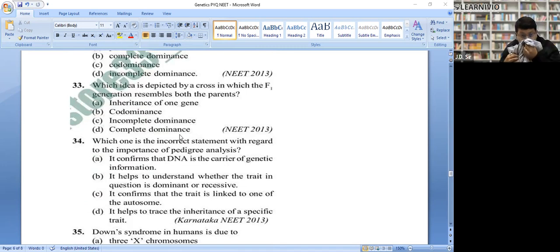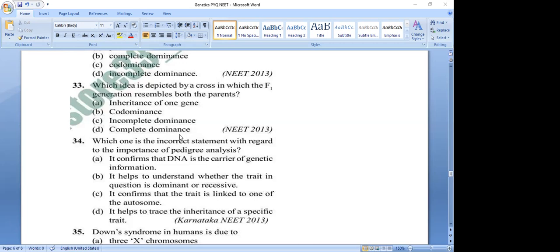33. Which idea is depicted by the cross in which the F1 generation resembles both of the parents? Come on. F1 monohybrid.